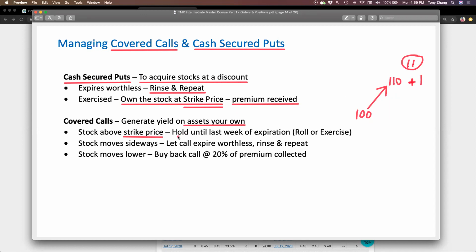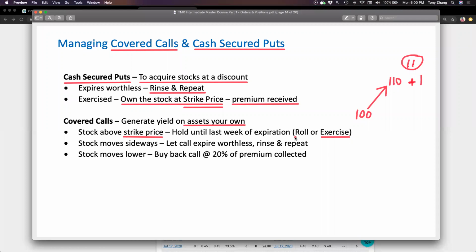What happens is that, generally speaking, you want to hold on to this position until the last week. And within the last week, you now have an option to do two things. You can have this stock exercised and basically capture your $11 and be done with the stock and move on to the next trade. Or you can say, you know what? I don't want to sell my stock at 110.